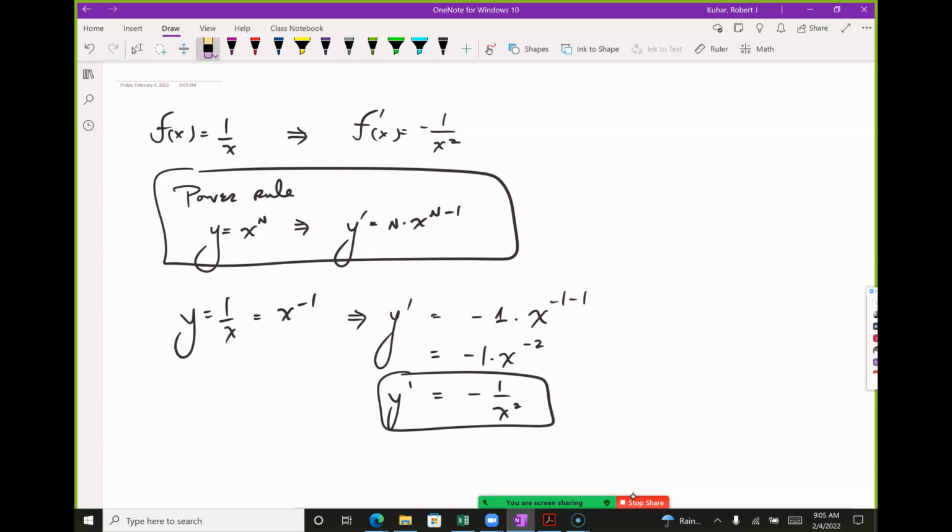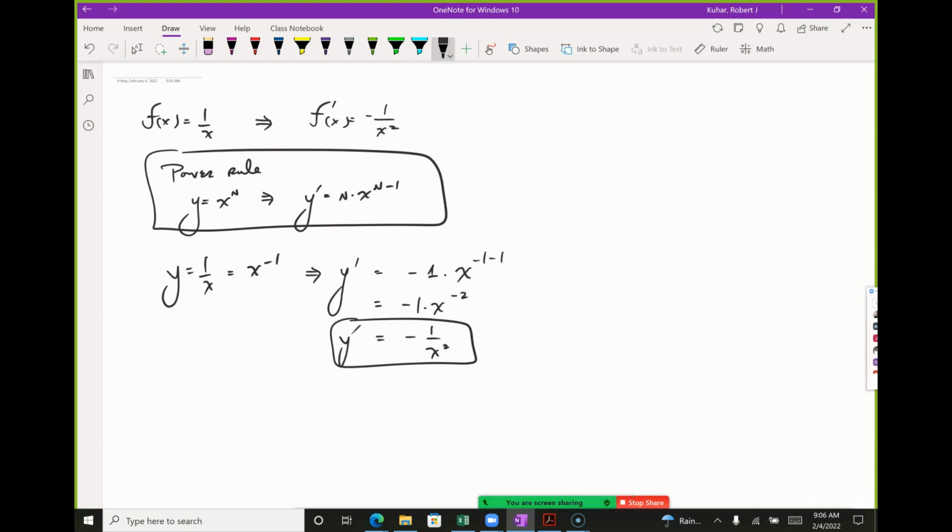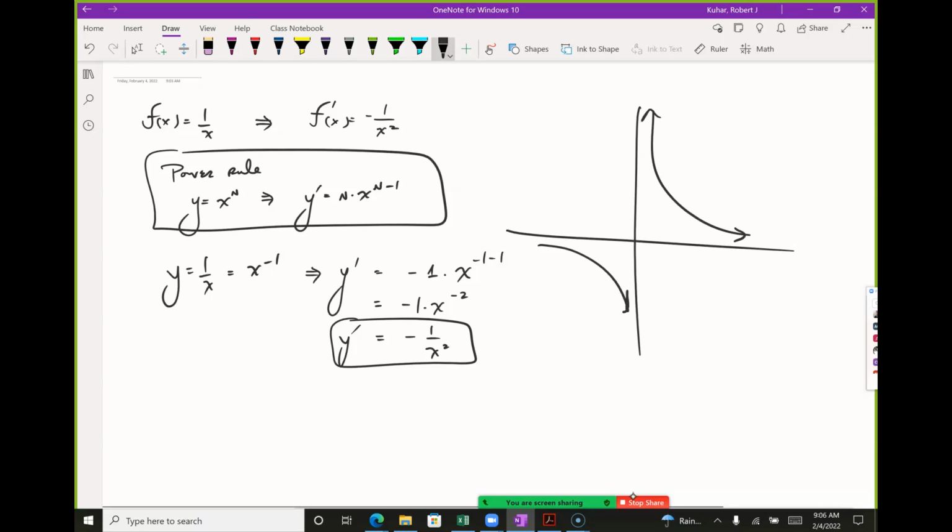And you want that prime symbol to be that little slant guy, right? So y prime is negative 1 over x squared. Now what's interesting about this, if we look at the graph of 1 over x, notice any tangent line I draw, look at this tangent line.